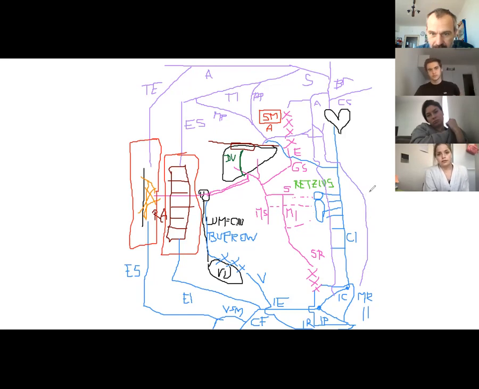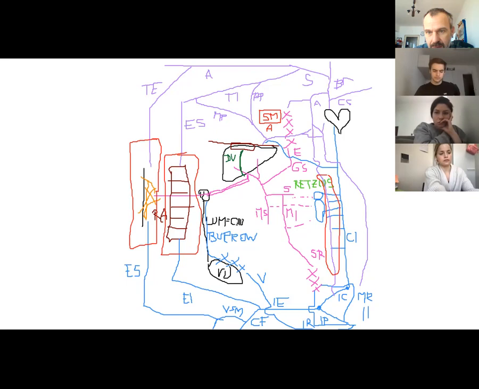I'm sorry, now it's getting a bit full of lines, but this is the second system, azygos, hemiazygos, and ascending lumbar vein. And the last system we can add easily here as plexus venosus vertebralis externus and internus.